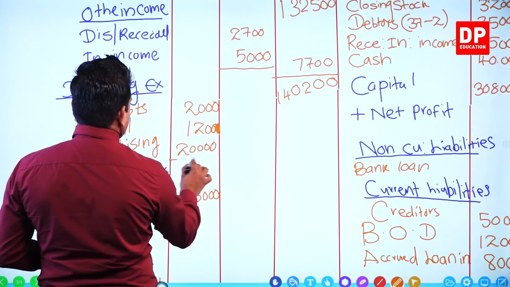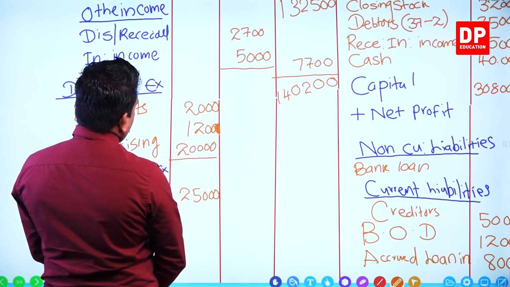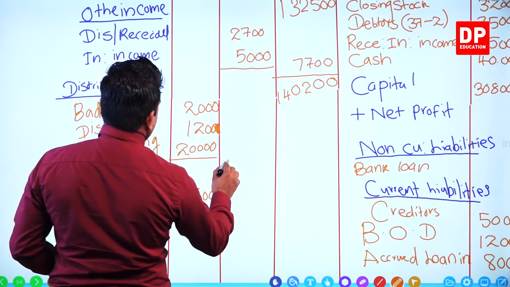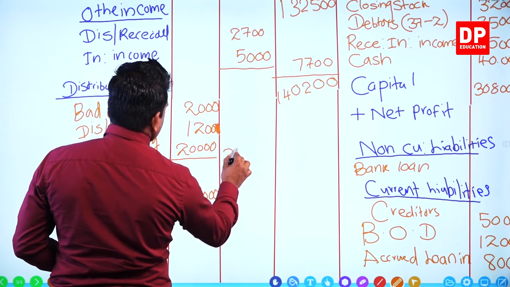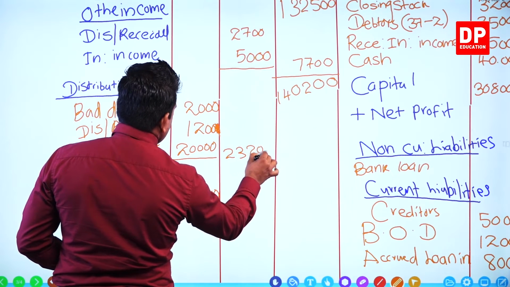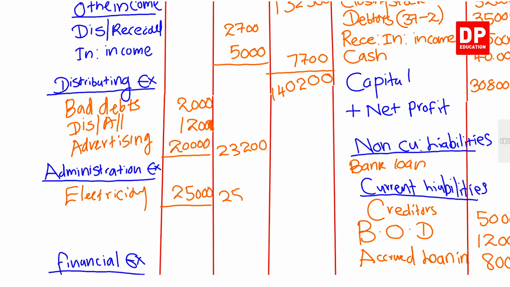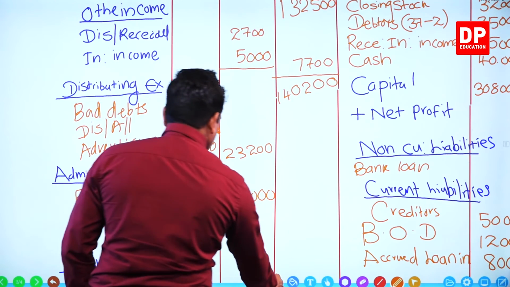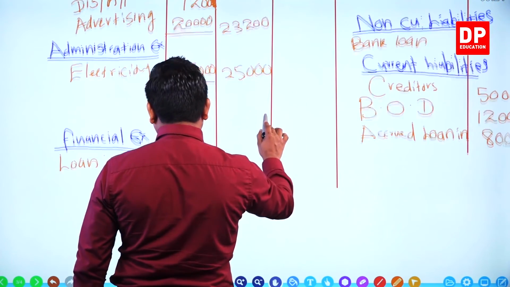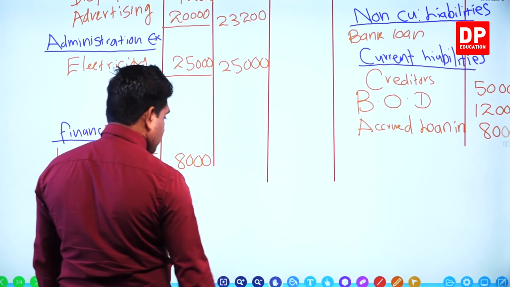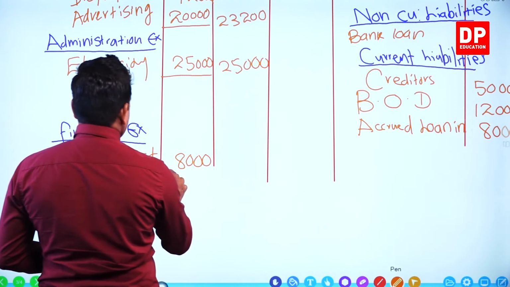Then you can add these two. 23,200. Then here only 25,000. Then financial expense only 8,000, I think. Only one detail.